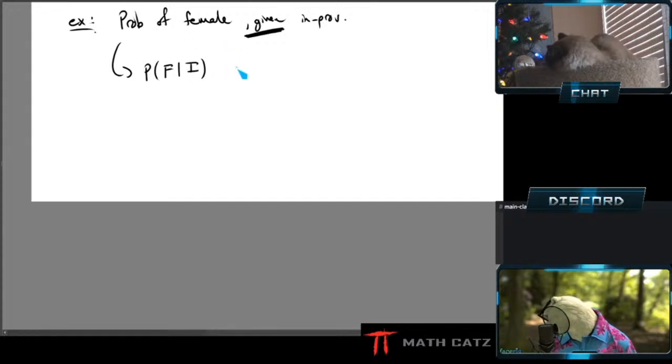Okay, so now that I've established that, I really have only one choice. There is a formula to rewrite this confusing conditional probability into conventional probabilities that maybe I have a better chance of finding. It is always the probability of the intersection over the probability of the given event. Always.